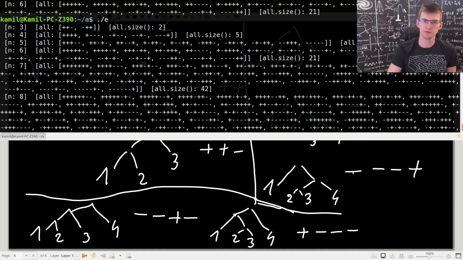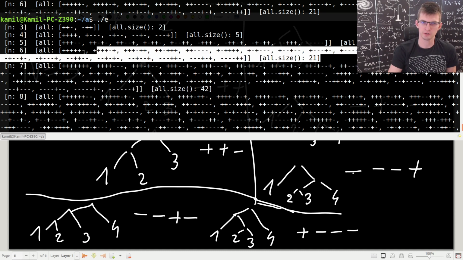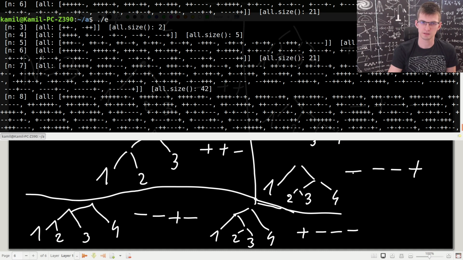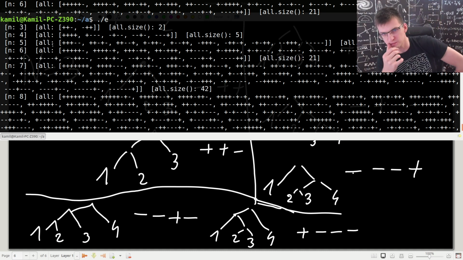This is always roughly 1/4 of all possibilities. 128, yeah, this is 128 divided by 4. 64 divided by 4. So once every 4 possibilities is bad. Something modulo 4 must hold true.